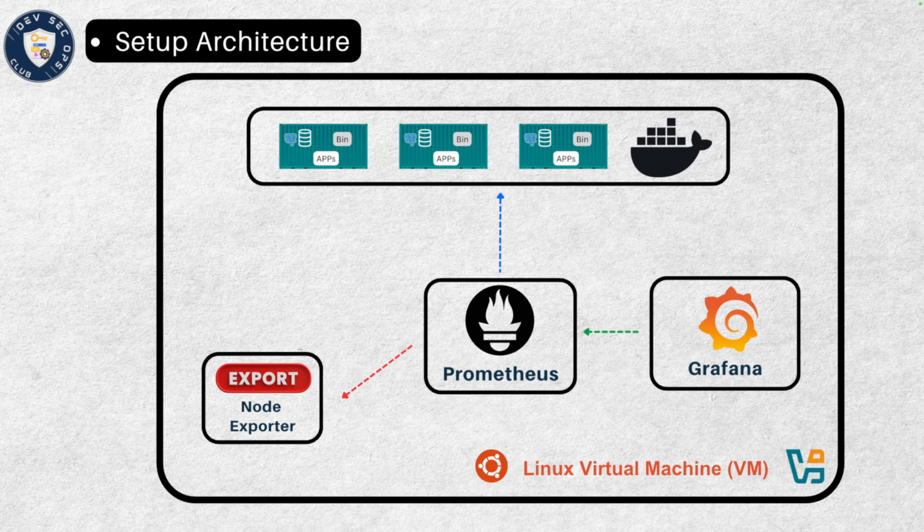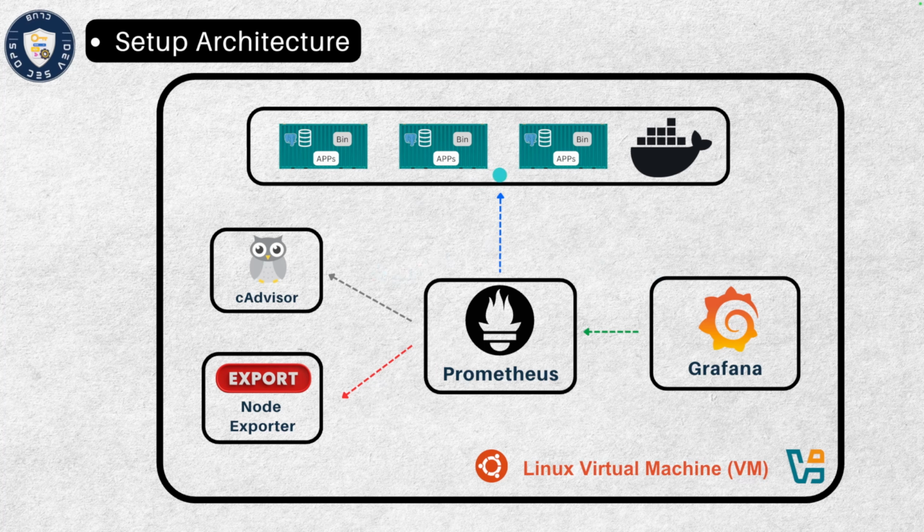Then we will deploy cAdvisor, the container advisor, and configure it with Prometheus so Prometheus can pull metrics from it. Of course, when we create a dashboard, we will be able to see it.